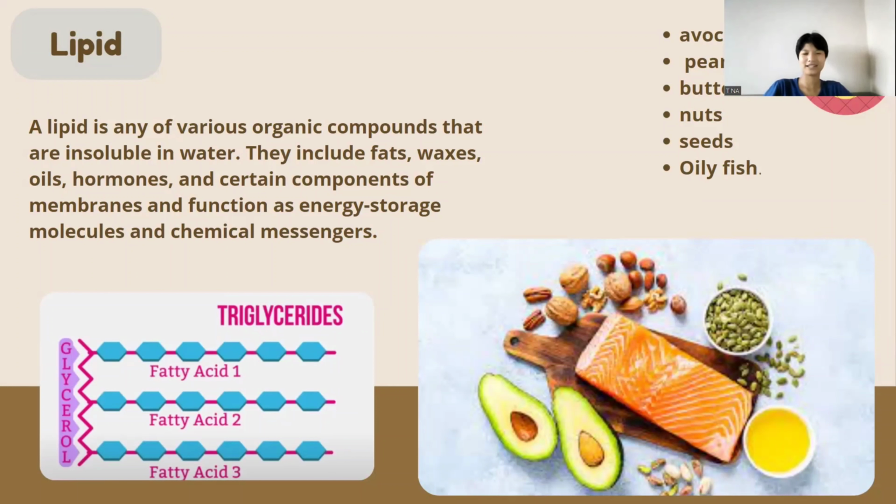Another thing is, for example, the seal. When they are born, they have cute fluffy hair, but when they get older, the seal becomes bigger and looks so ugly because they got a lot of lipid on their body, but that kind of lipid keeps them warm.